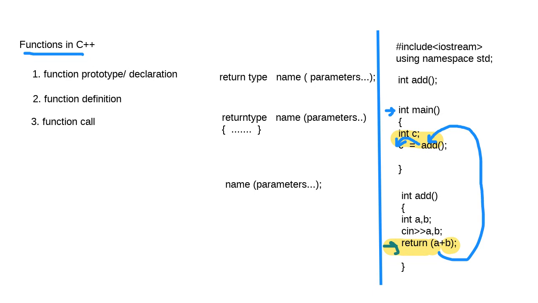And now you can write cout c. Do you get this point? Do you understand what is the meaning of this return type integer now?